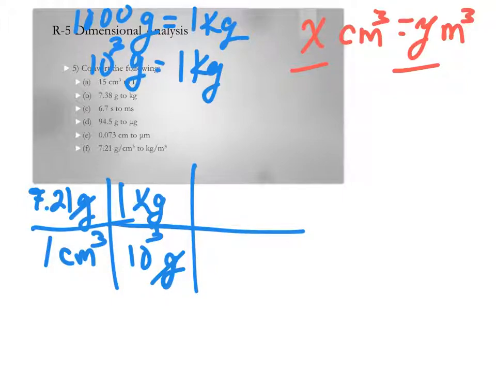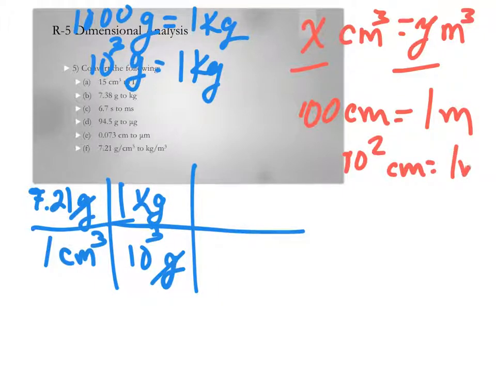Now, I could tell you there's 100 centimeters in 1 meter. And that would be great. So let's put that in. Let's say 10 squared centimeters is 1 meter. I want to get rid of the cubic centimeters down there, so that 10 squared is going to go up here.